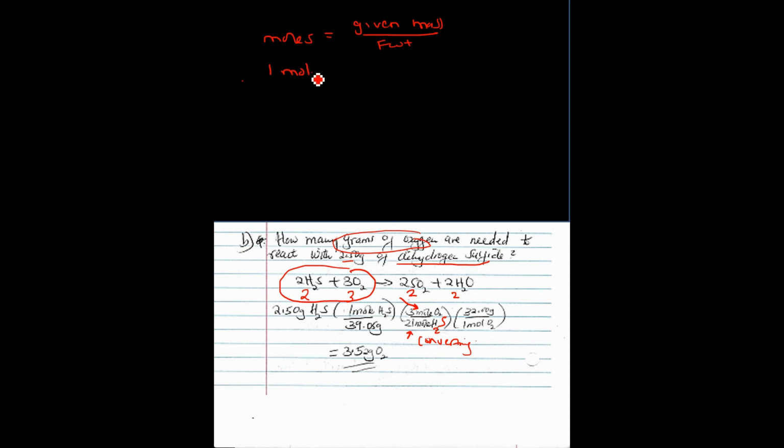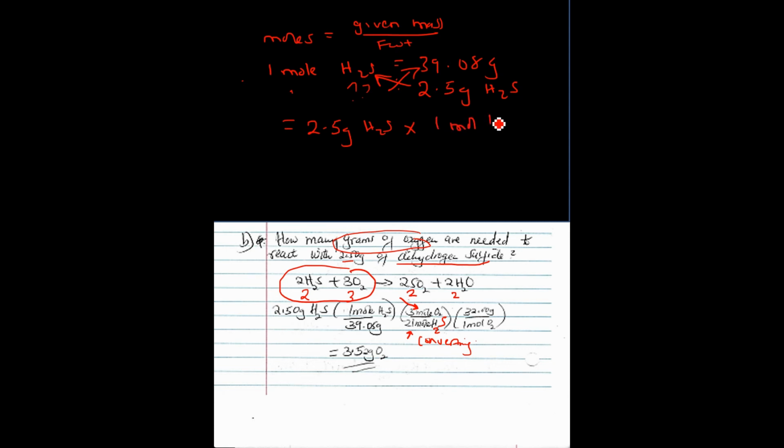One mole of dihydrogen sulfide is equivalent to 39.08 grams. So what about 2.5 grams of dihydrogen sulfide? You cross multiply, and your expression is 2.5 grams dihydrogen sulfide multiplied by 1 mole dihydrogen sulfide divided by 39.08 grams dihydrogen sulfide. This will give you the number of moles of dihydrogen sulfide.